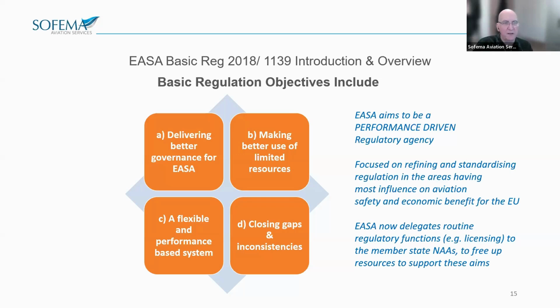And this frees up EASA's resources to support its high-level aims. In summary, delivering better governance, making better use of limited resources. It should be a flexible and performance-based system regulation, and to patch up any gaps and inconsistencies in existing laws.